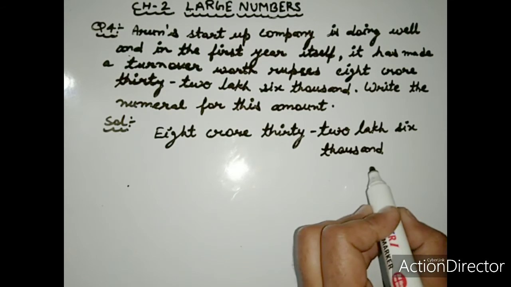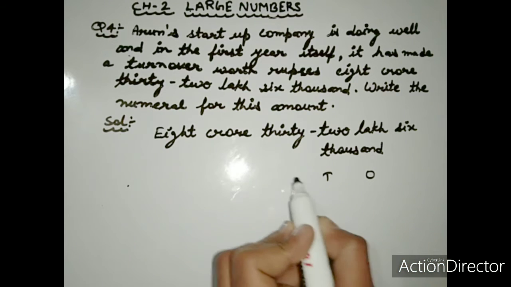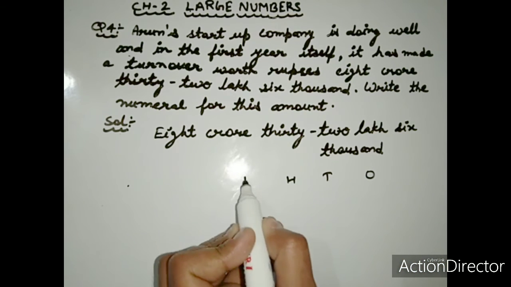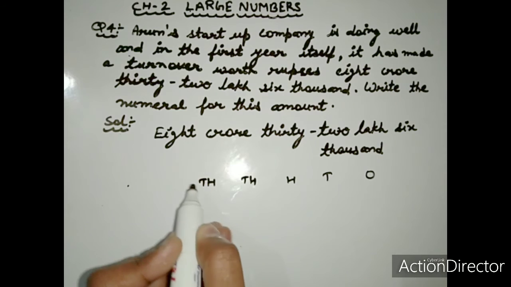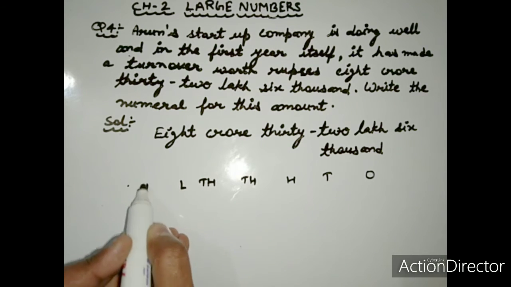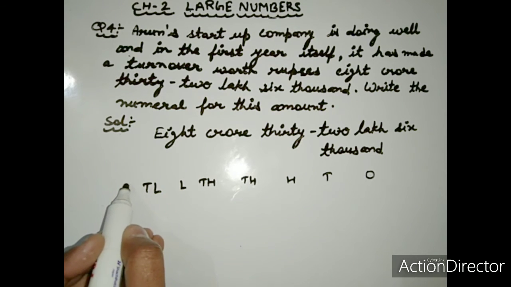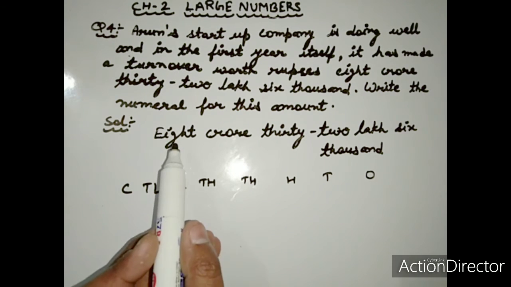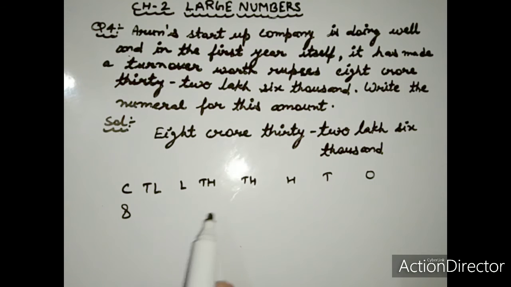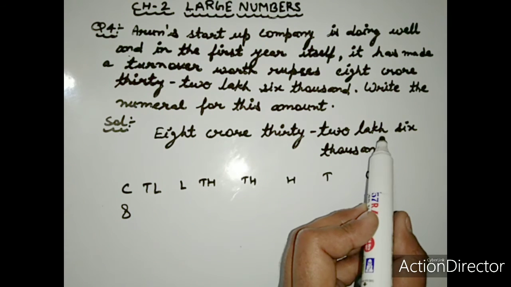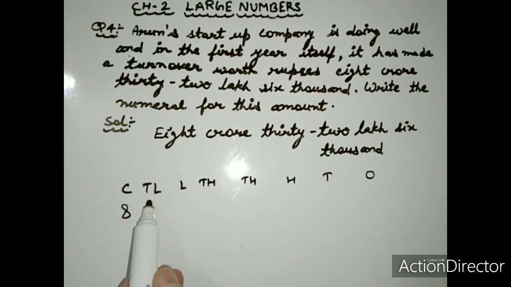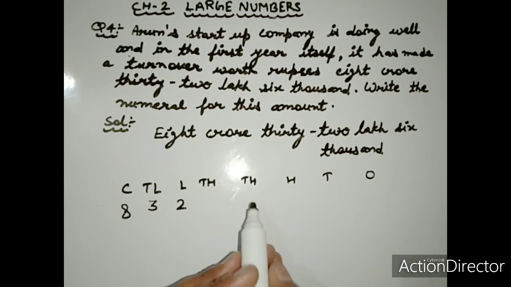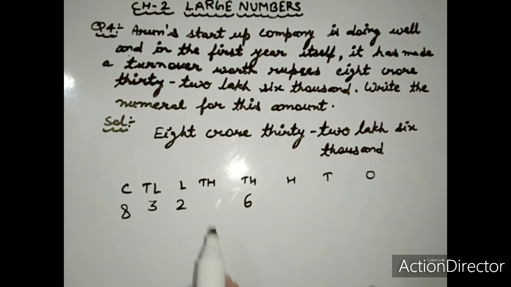In the Indian numeral system, we write ones, tens, hundred, thousand, 10,000, lakh, 10 lakh, crore. 8 in the crore place, so here we write 8. 32 lakh means 3 in the 10 lakh place and 2 in the lakh place. 6,000, 6 in the thousand place, and the other blank spaces fill with 0.